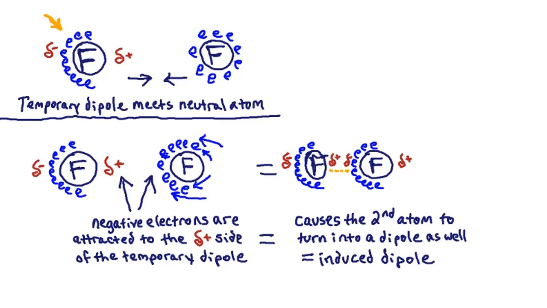turns into a temporary dipole, and then it runs across another normal fluorine atom where the electrons are all evenly dispersed all around the nucleus of the atom. So those two meet. What does that temporary dipole do to this normal, evenly dispersed fluorine atom?